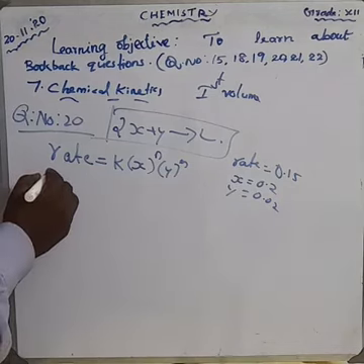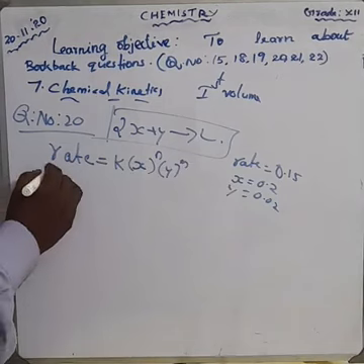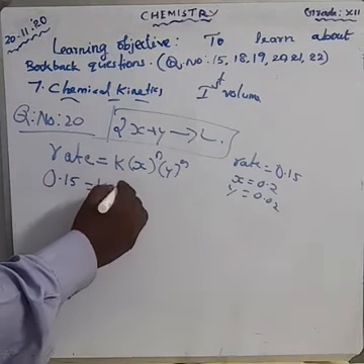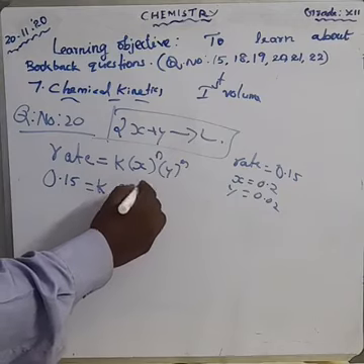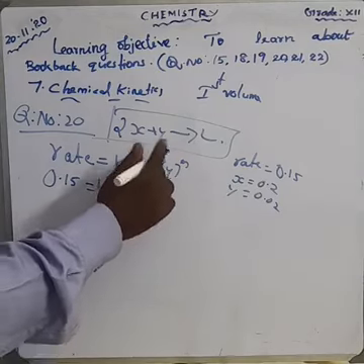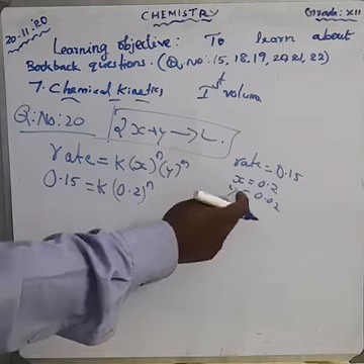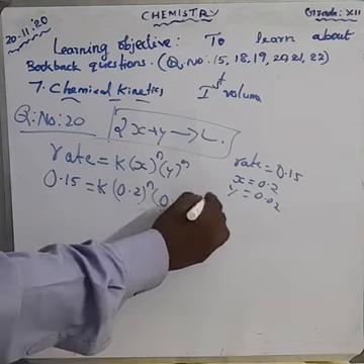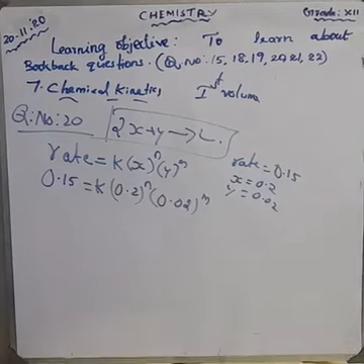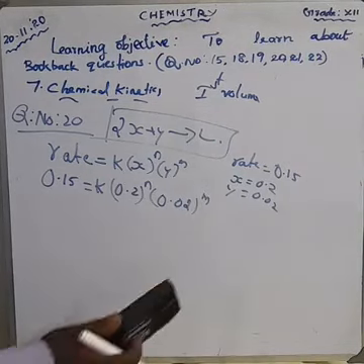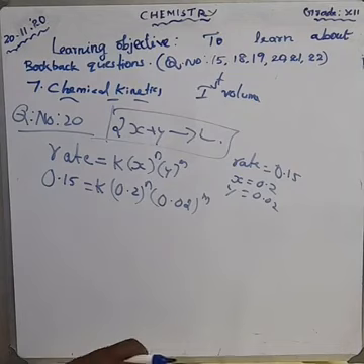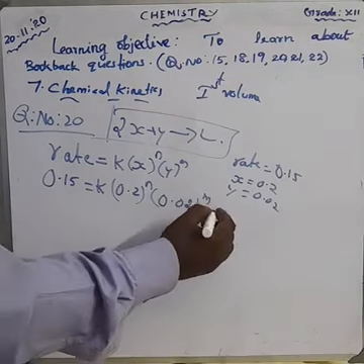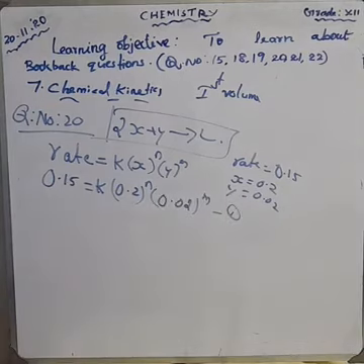The rate 0.15 is equal to k into 0.2 to the power n, and the Y, 0.02 to the power m. Okay. This is equation number 1.